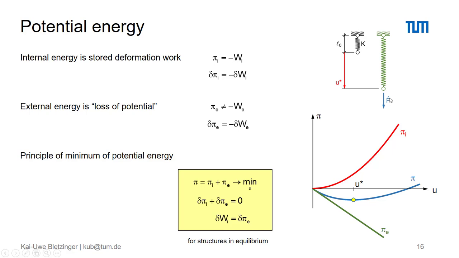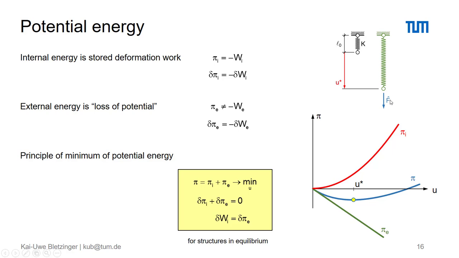you see immediately that the external potential cannot be identical to the external work. As F hat is constant throughout the complete procedure, the external energy, the external potential, is a negative value because it loses height.